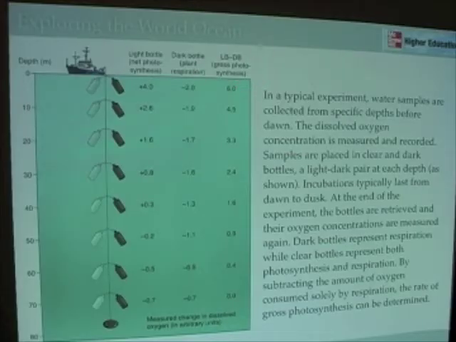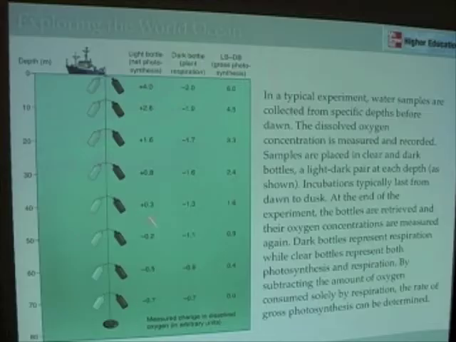But let's take a look at this example. In the light bottle here, we have plus 4, plus 2.6, plus 1.6, plus 0.8, plus 0.3, minus 0.2, minus 0.5, minus 0.7. So in these bottles, oxygen was being produced through photosynthesis faster than it was being consumed.